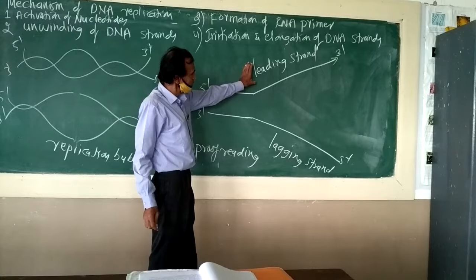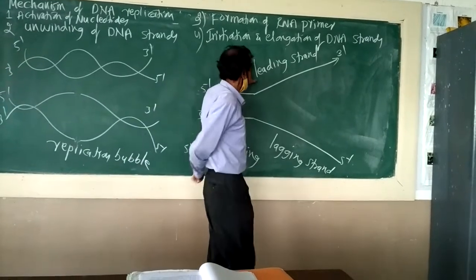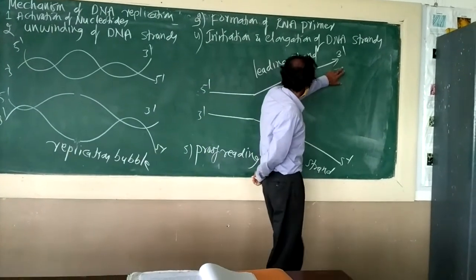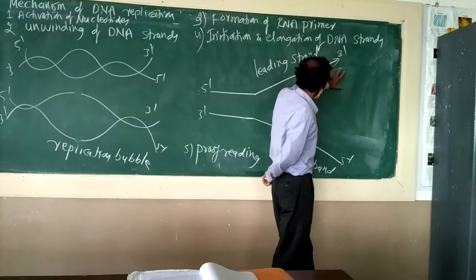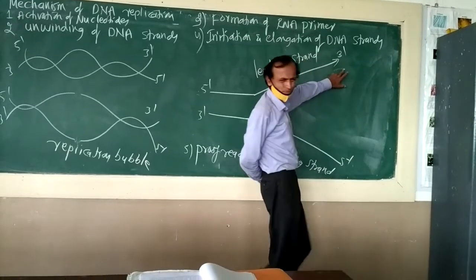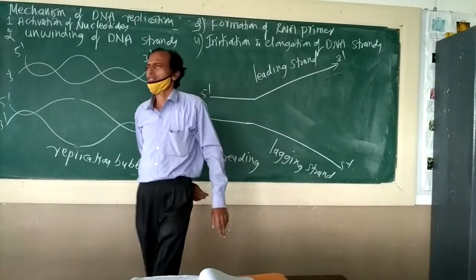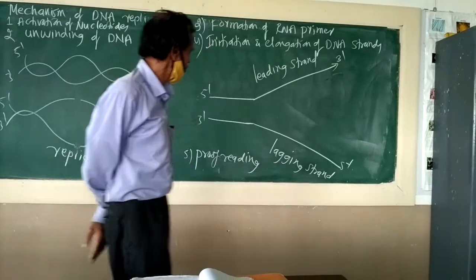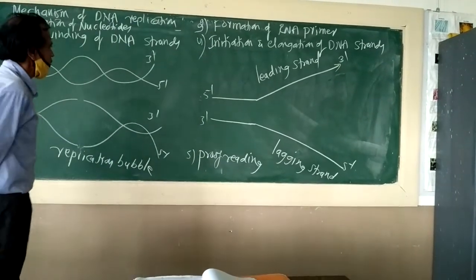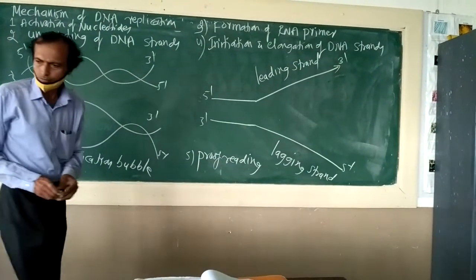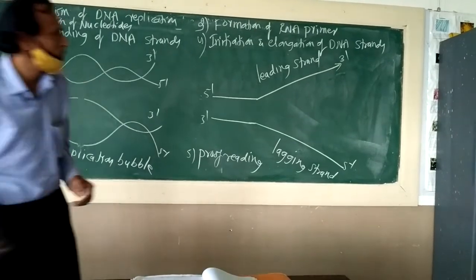Synthesis of DNA takes place first on this strand, and at the 3' end of this separated DNA strand, the primer is taken as support for the synthesis of new DNA by the DNA polymerases, and new DNA is produced from this end.